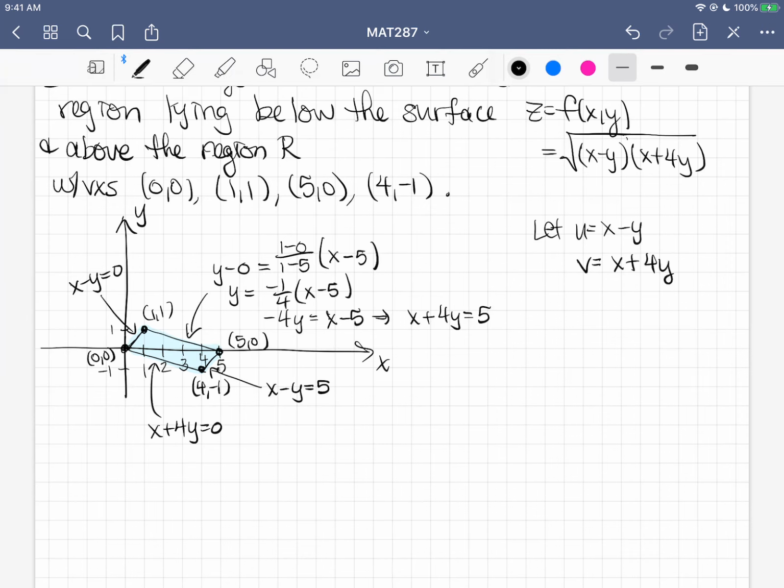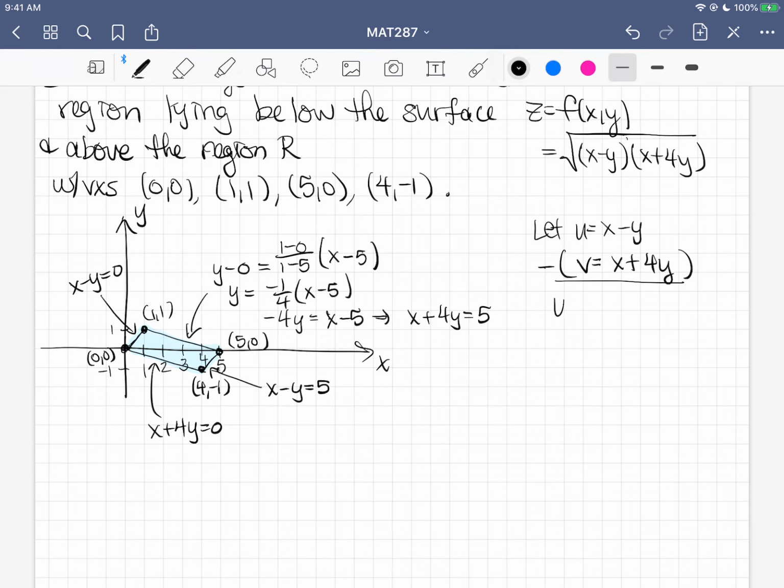Now what I really want is the transformation that takes uv to xy. So I need to solve for x and y in terms of u and v using these equations. I'm going to subtract so that the x's cancel.